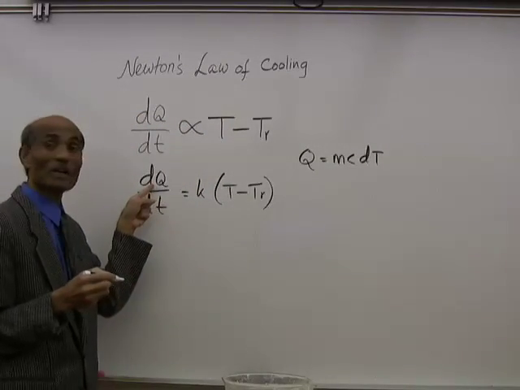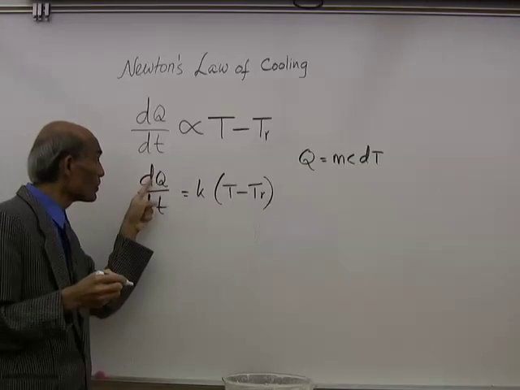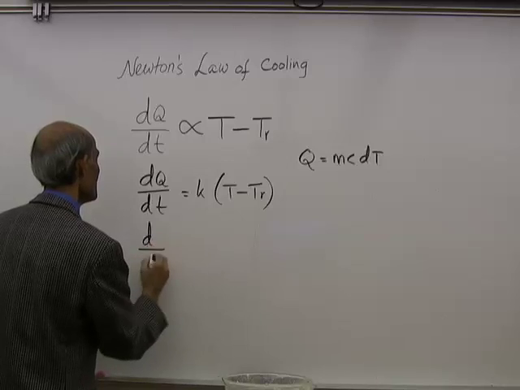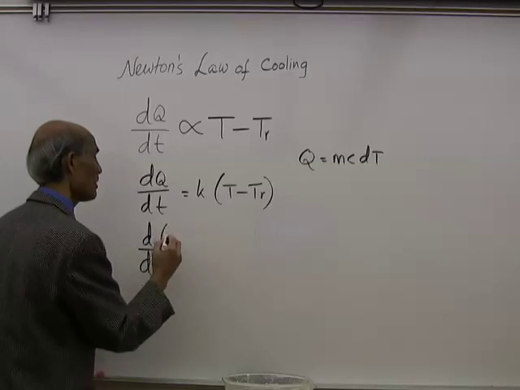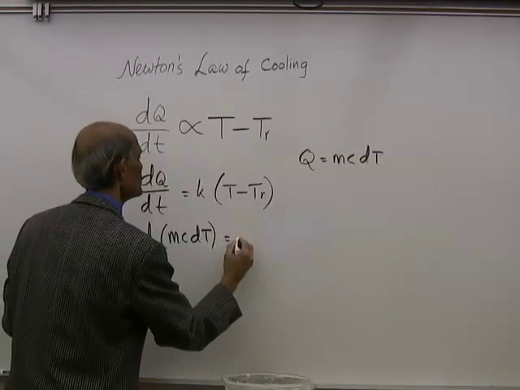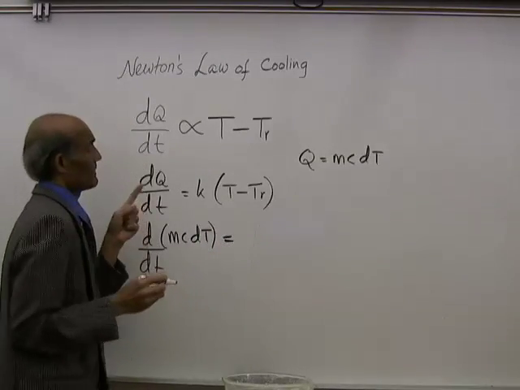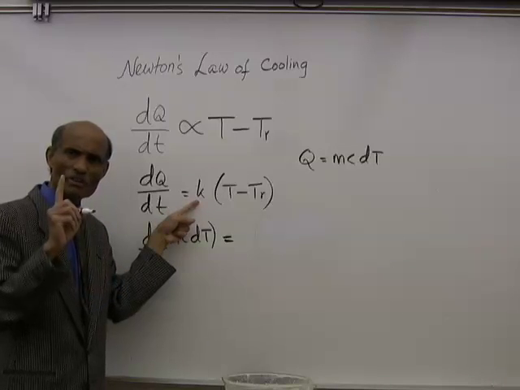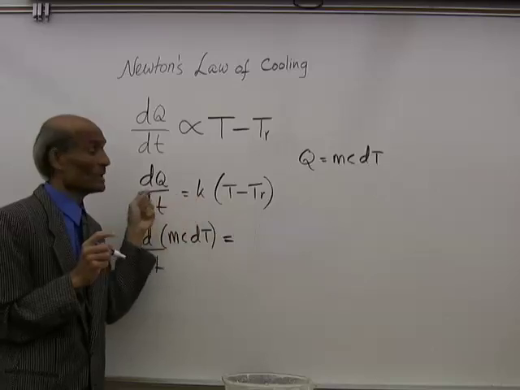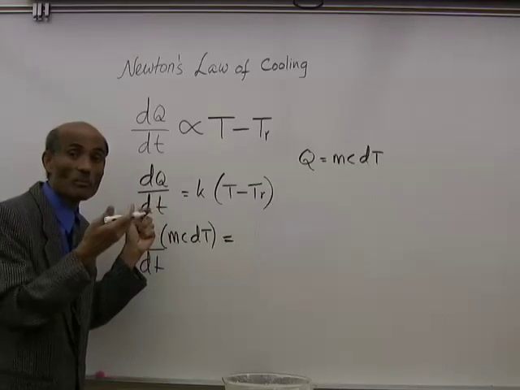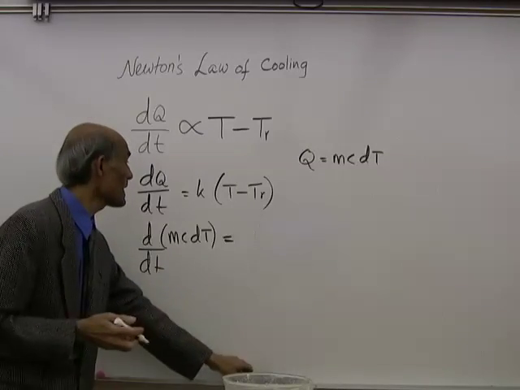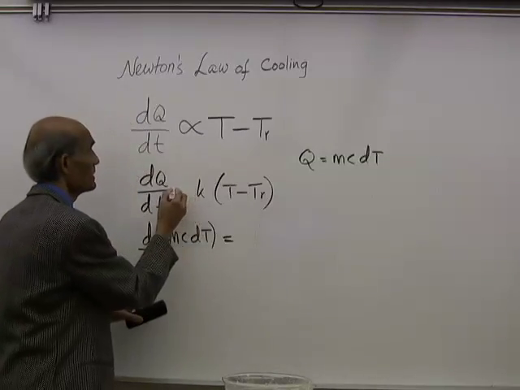Mass times specific heat times the change in temperature. So, if I replace this Q by this quantity, I can then say d by dt of m c dT equal to, well, I forgot a very small, a minor thing, but a very important one. This is the rate of cooling, which means as time increases, the temperature decreases. How will I make that clear in this equation?